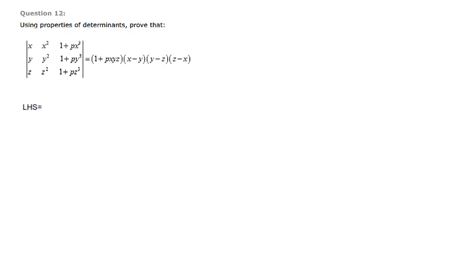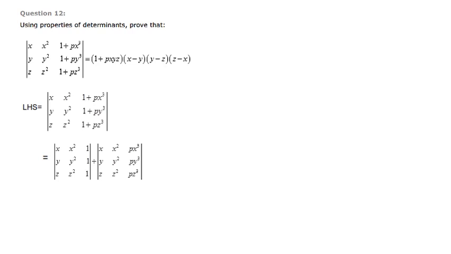Let's take the left hand determinant LHS, that is determinant x square 1 plus px cube, y square 1 plus py cube, z square 1 plus pz cube. When you check the third column, it is sum of two terms. Here you can check 1 plus px cube, 1 plus py cube, 1 plus pz cube. By using the properties of determinants, the entire determinant we can split into two determinants.